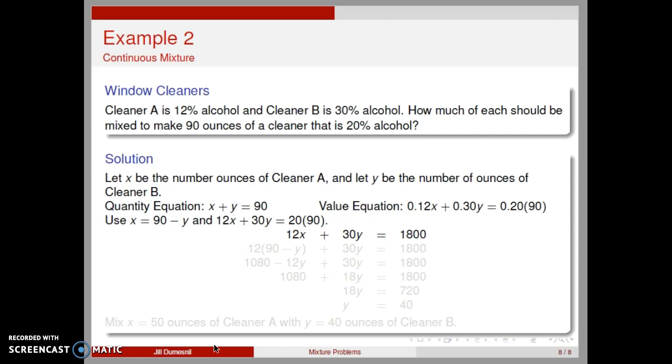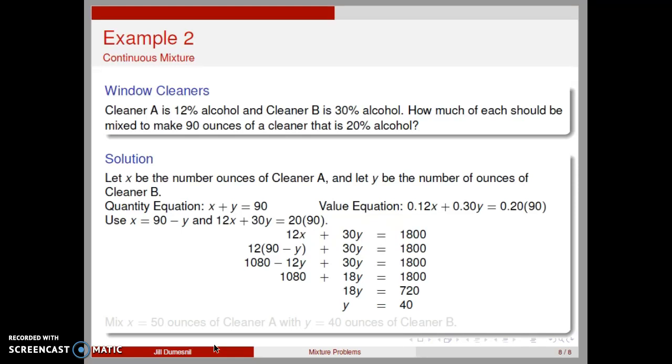First, let's simplify 20 times 90 as 1800. Then substitute 90 minus Y for X. Distribute the 12. Collect like terms. Subtract 1,080 from both sides.